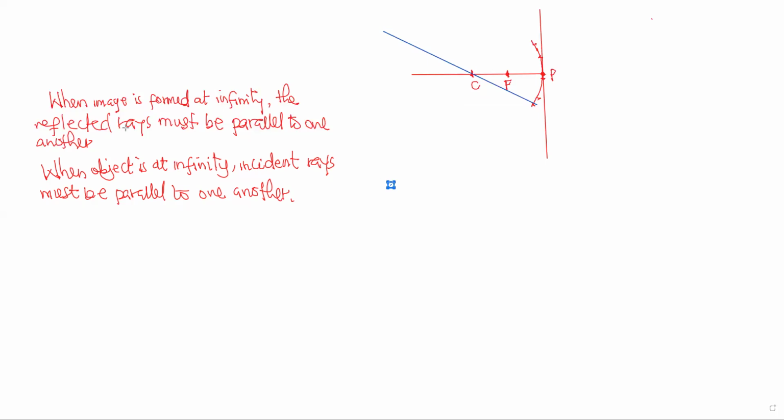So one, I'm drawing a ray coming from somewhere and hitting the mirror at 90 degrees. It must reflect along the same path and pass through that. Then two, I'm also going to draw a ray coming from somewhere, but I need to make sure that this ray is parallel to the first one.